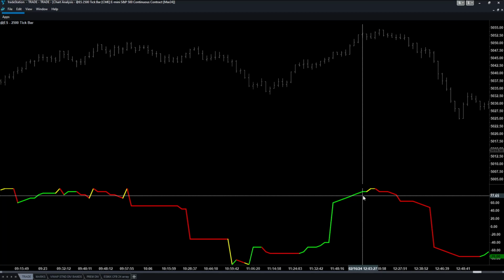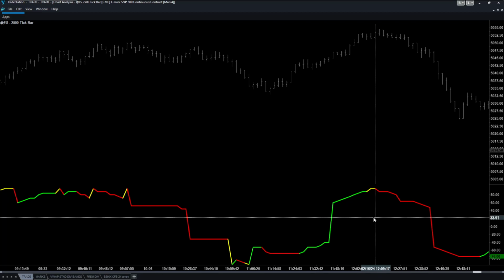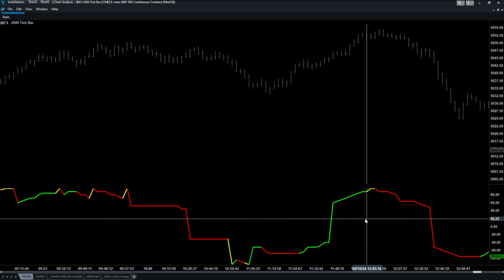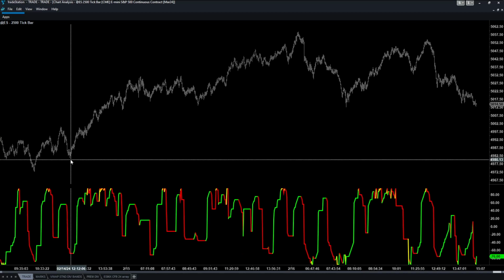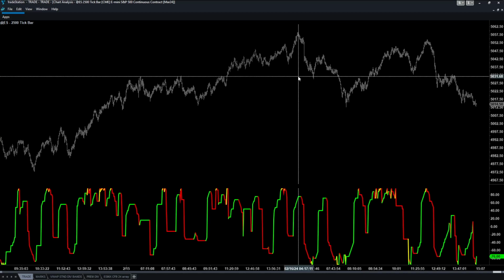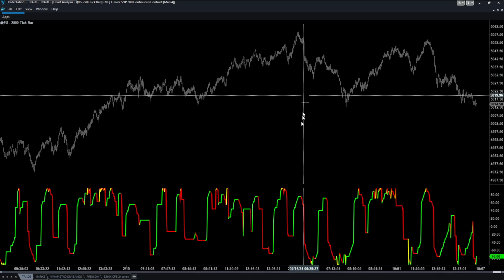Now, what we really like about this is that it enables you to see divergence very clearly. And a typical example of this, let me squeeze this together a bit. All right, so as the market, we'll look at the highs here. We'll just pick this high because it's obvious. You see how much lower the TSC is at this high?